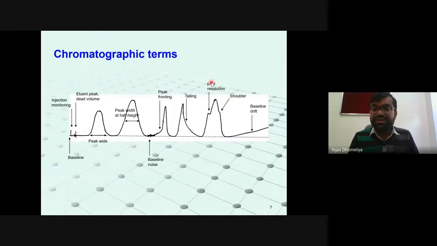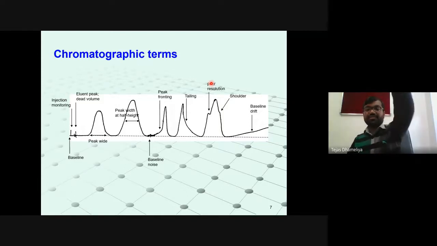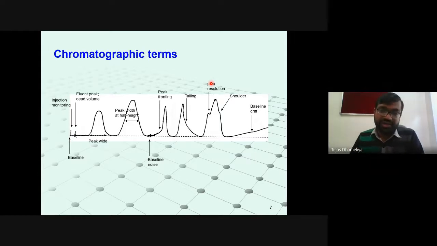Here the resolution is much poorer. Why? Because one compound was eluting, and before it had come out completely, the second compound started coming out. So that's why it is called poor resolution. Okay, so next is the shoulder.